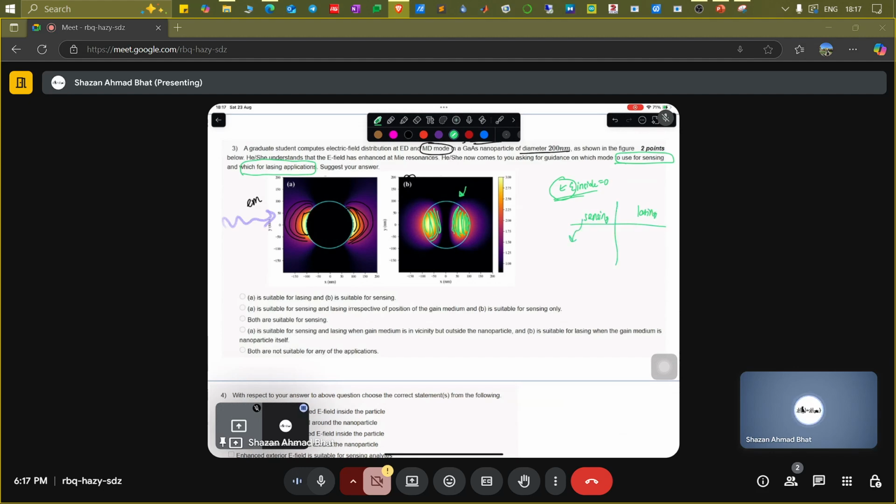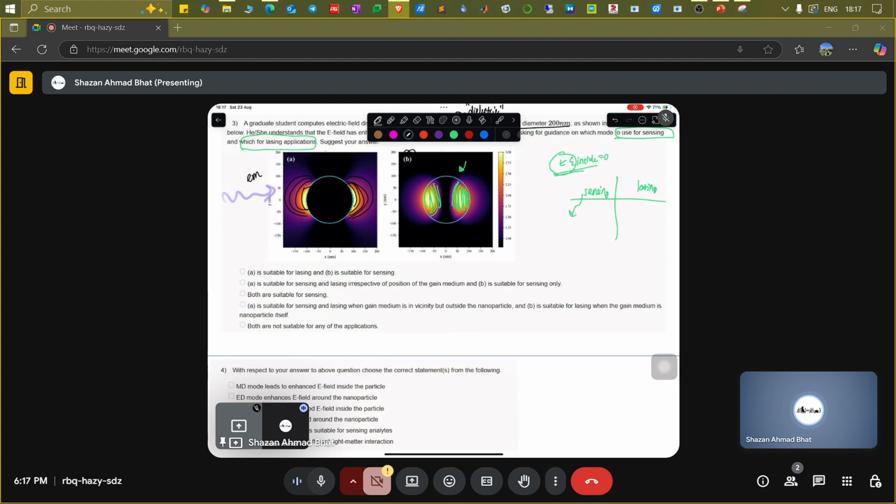For sensing, let's say you want to sense some particles. Then you want those particles to get applied on this nanoparticle. That's obvious. You want those particles to touch the nanoparticle, and once they touch it, it should change the electric dipole or magnetic dipole distribution.